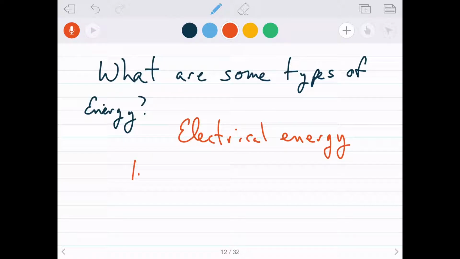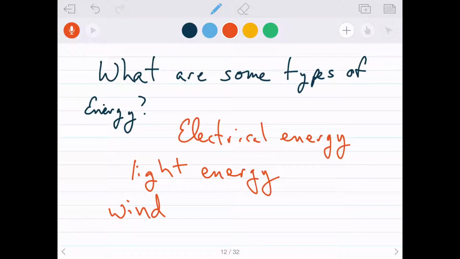Some of us might say light energy. I've heard that. In one class, I had someone say wind energy. Let's see, radiation.